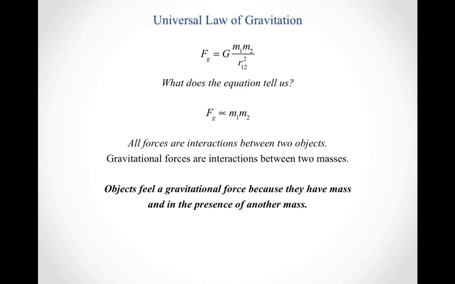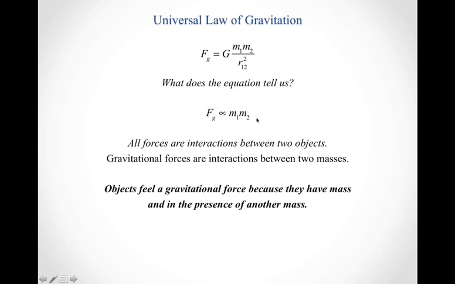So let's look at this equation for the magnitude of the gravitational force between two particles, and think a little bit more about what it is trying to tell us. The first thing we can recognize is that the magnitude of the gravitational force is proportional to the product of the masses, m1 times m2. We've talked all semester long about the fact that forces are interactions between two objects.